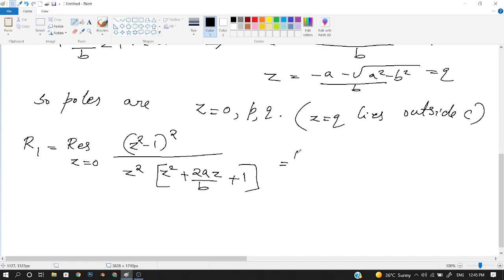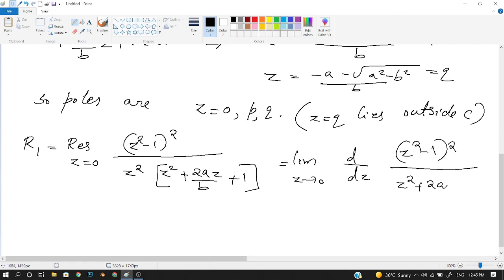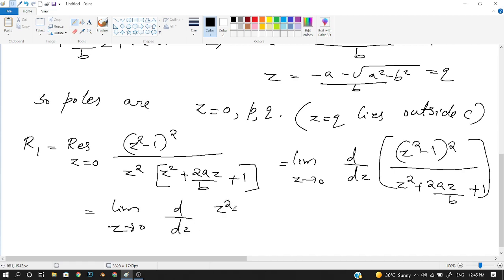So this is equal to the limit z tends to 0 of d by dz of z square minus 1 the whole square divided by z square plus 2az by b plus 1, that is equal to the limit z tends to 0 of d by dz of z square minus 1 the whole square divided by z minus p into z minus q.